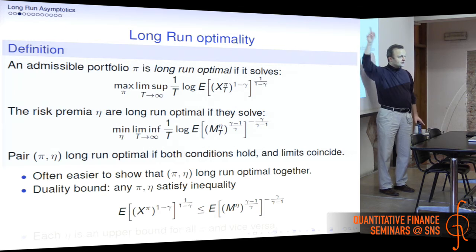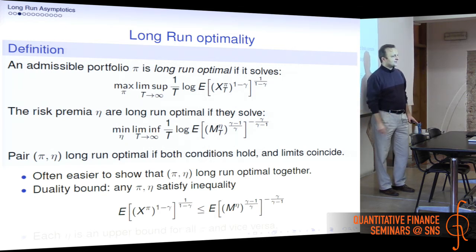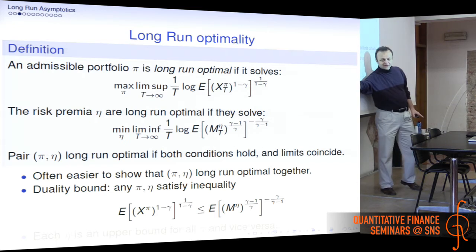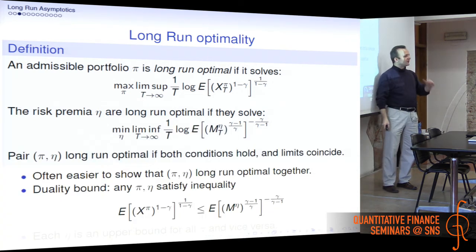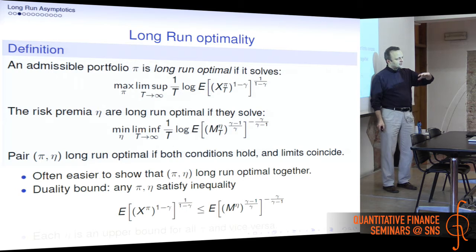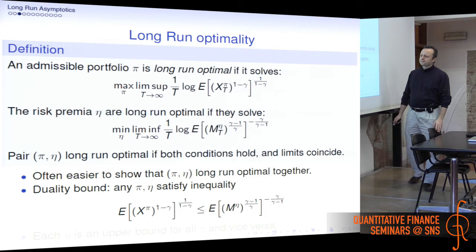Well, if they achieve the same rate of growth, they are optimal, both of them. Because this rate of growth must always be less than or equal than this rate of growth. And so when you find them to be the same, both of them are optimal. So philosophically, it's like thinking of portfolios as fishes which live under the sea, and risk premia as birds that live in the air, and if you find a fish that is touching a bird, you know that the fish is above all the other fishes and the bird is below all the other birds. Okay? It is exactly the same story.